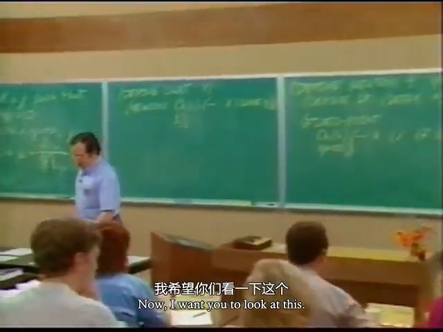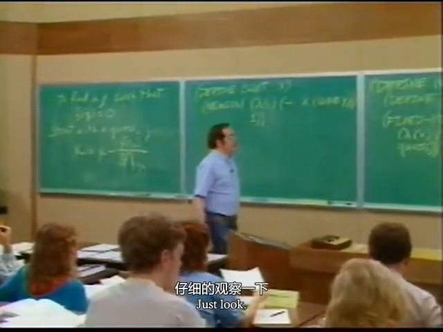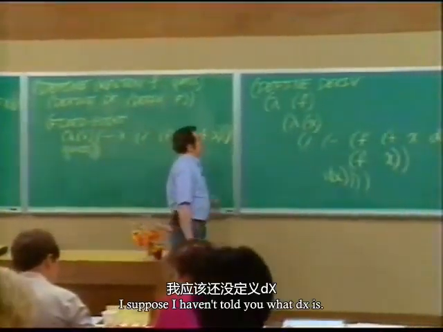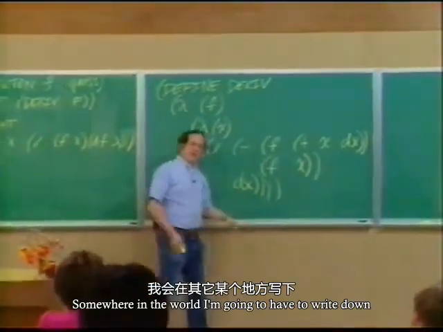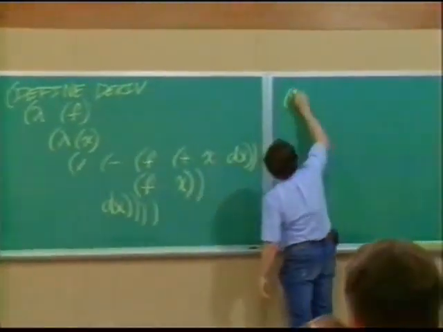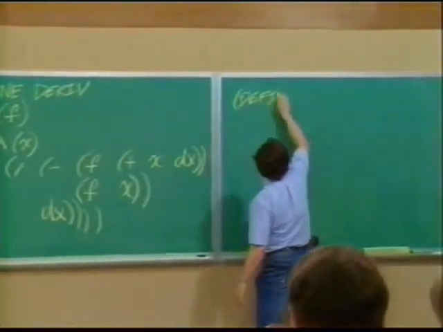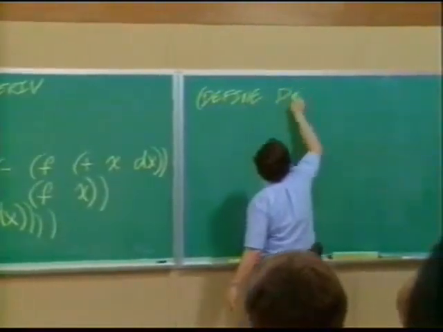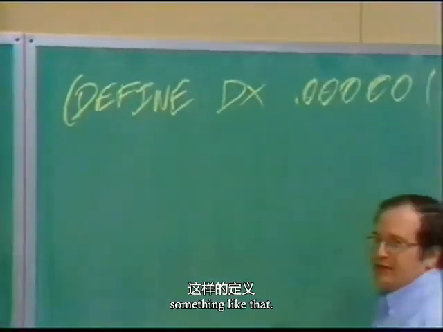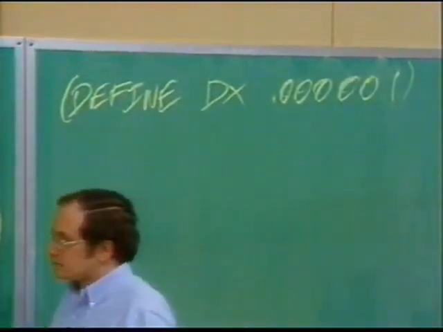Okay. Now I want you to look at this. Just look. I suppose I haven't told you what dx is. Somewhere in the world I'm going to have to write it down, but I'm not interested.